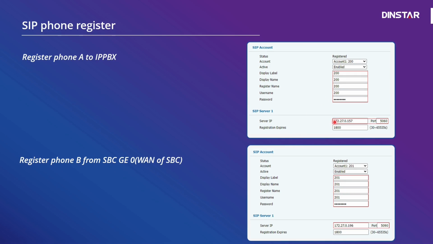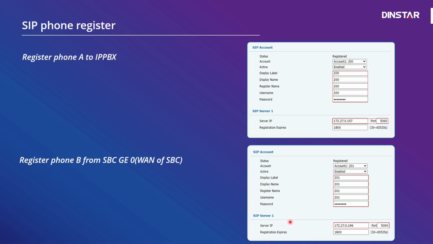Here is the port for the internal IPBX. Phone B is registered from GE0, so you use the same username and password, and the same IP address, but here it is the SBC public network, since you register through the SBC.